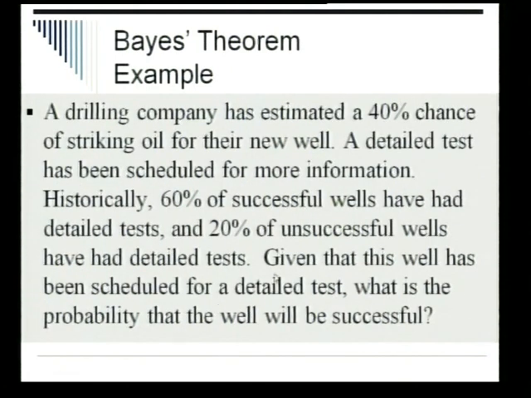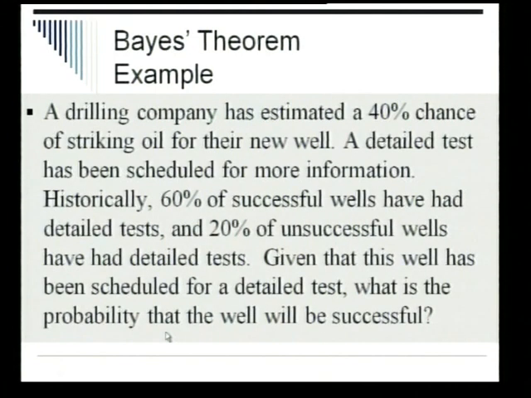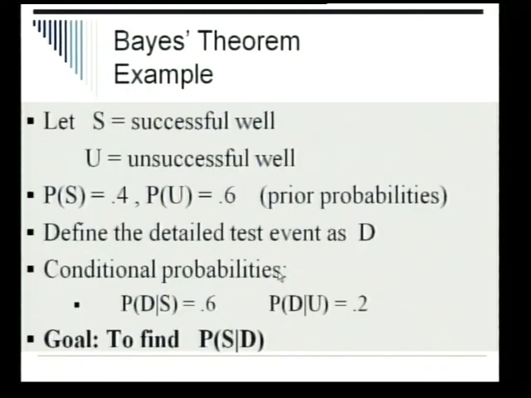Similarly, 20% of unsuccessful wells have had a detailed test, so probability of D given U is 0.2. Our objective is, given that this well has been scheduled for a detailed test, that means D has already occurred, what is the probability that the well is successful? That means S given D is my required probability, okay?